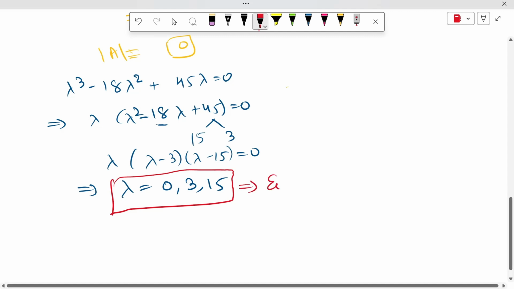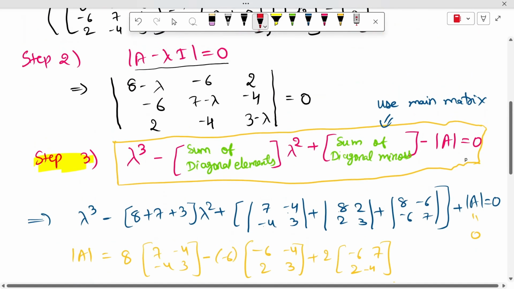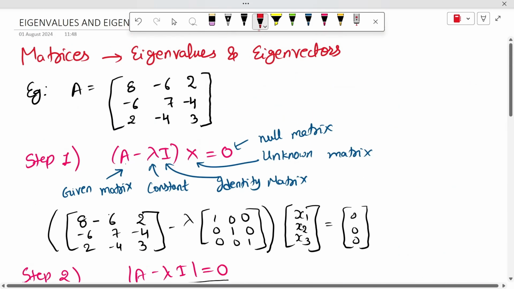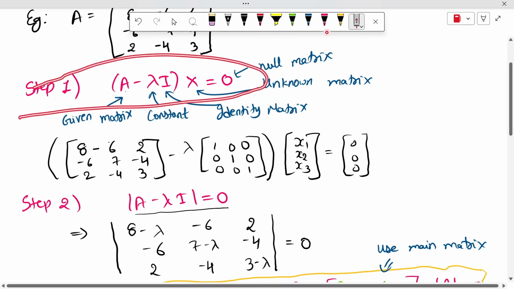This implies we got the eigenvalues of the given matrix. So let's see again how we did it. First we were given a matrix. This was step 1: A minus lambda I into x is equal to 0.